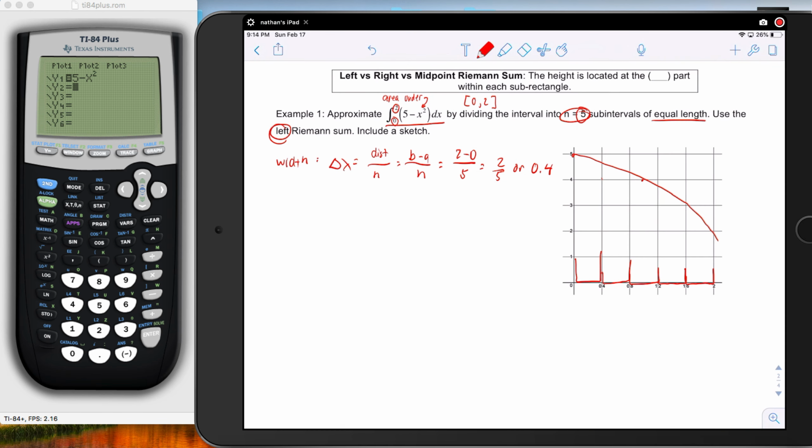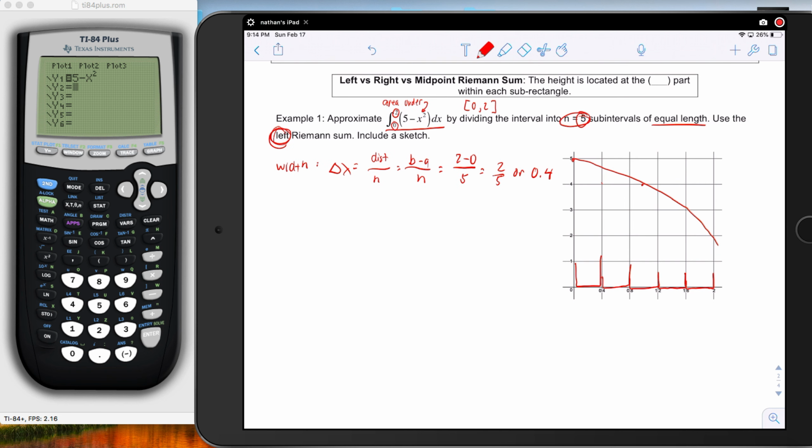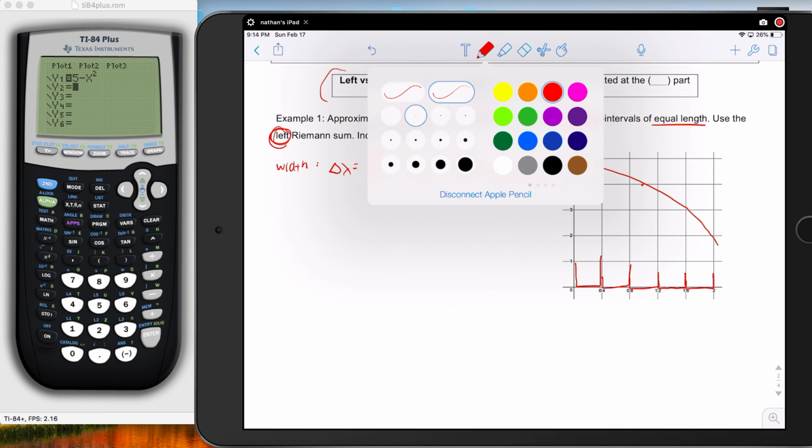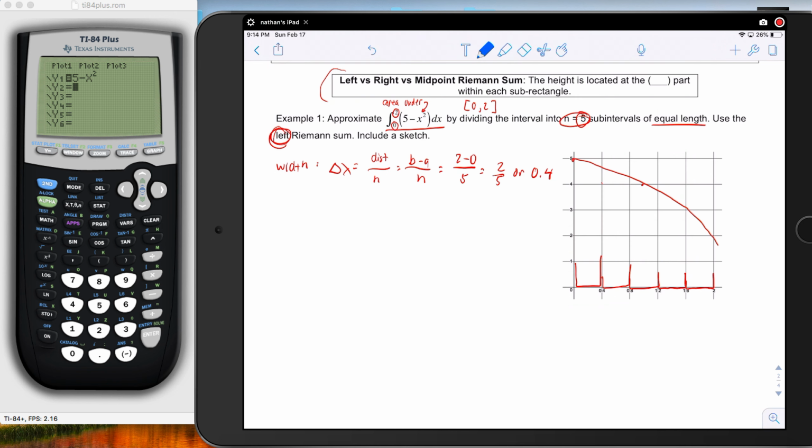Okay, so let's figure out what a left Riemann sum looks like. To remind ourselves, I have this box right up here to help us remember what left, right, and mid mean.